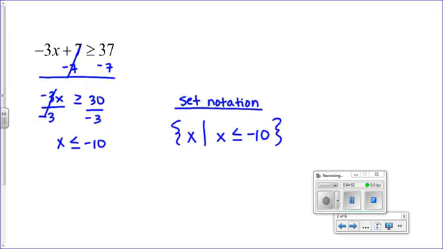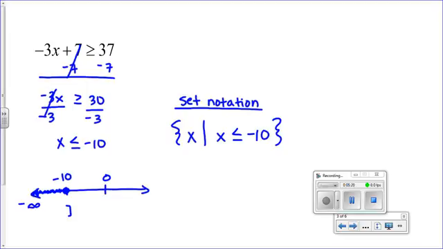All right, let's graph it on a number line so then I can do interval notation. I have a closed circle at -10, and I shade left. Okay, so closed circle tells me I'm going to use a bracket. That left arrow that's filled in tells me that I'm going to -infinity.